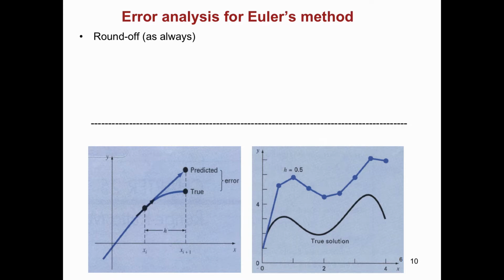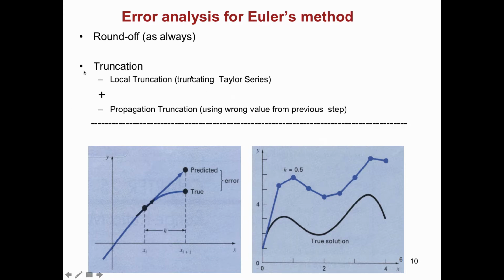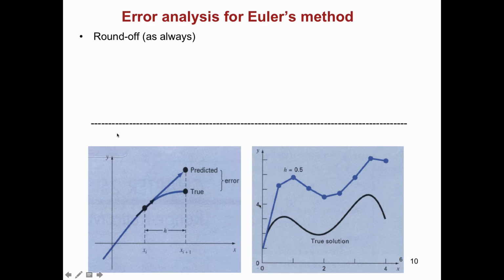Now, let's just see all of these errors as they add up. So we have this local truncation error, which comes from chopping down the Taylor series. And I also have what we call propagation error. Because I made an error in the first step, that error propagates forward because I'm starting from a wrong value.